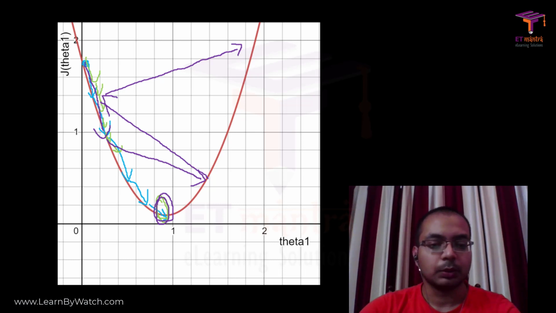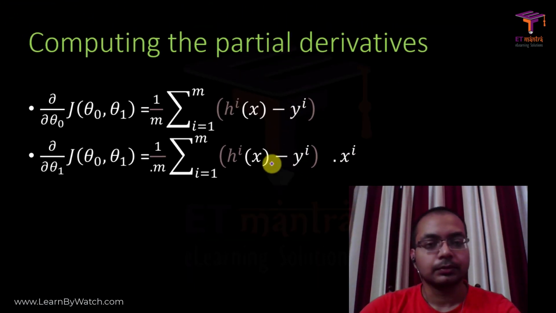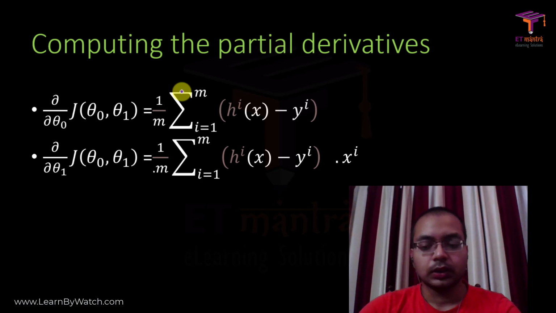So choosing an optimal value of alpha, which is the learning rate, is very important. In the formula of gradient descent, we saw that there were two partial derivative terms. We can compute them using calculus, but here I have written out the formula. Once again, for computing this, a vectorized approach is preferred.